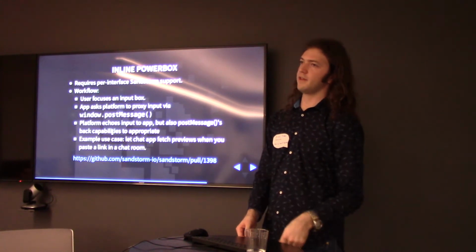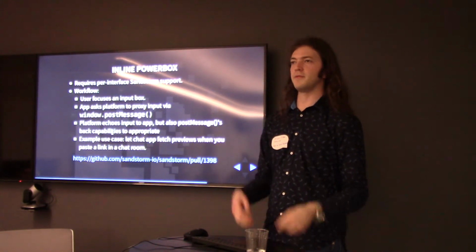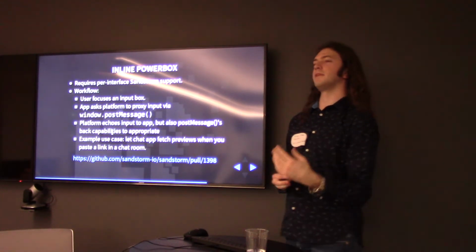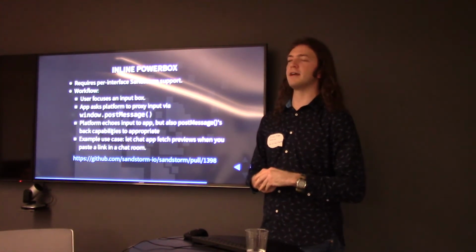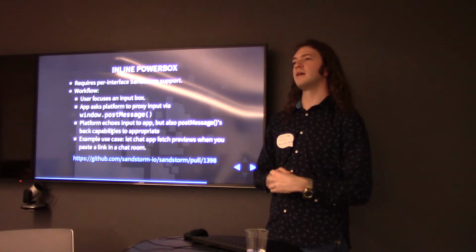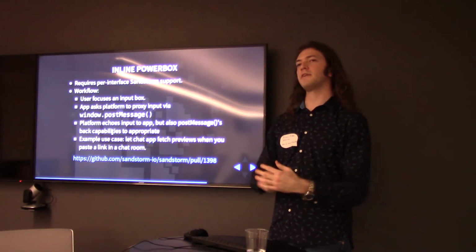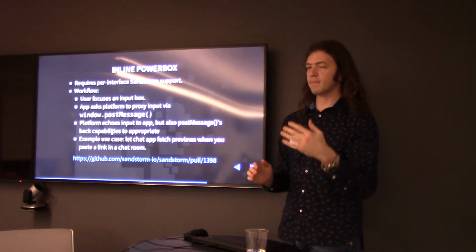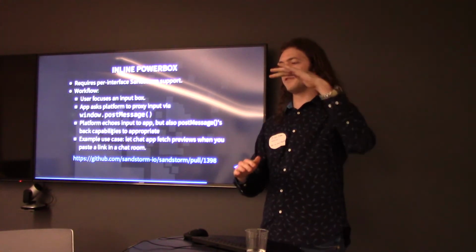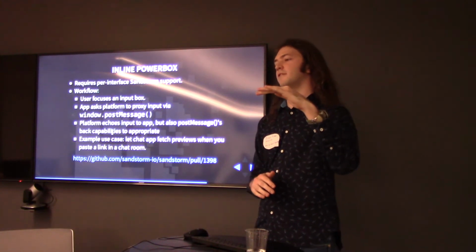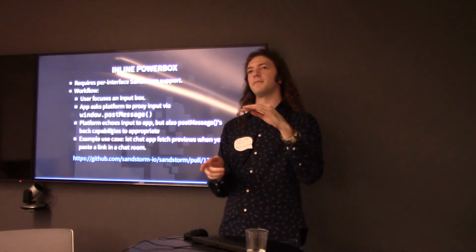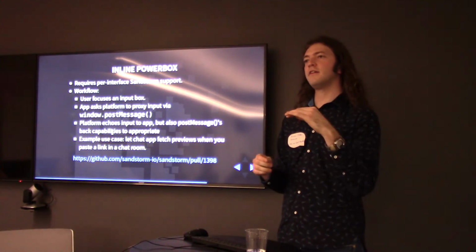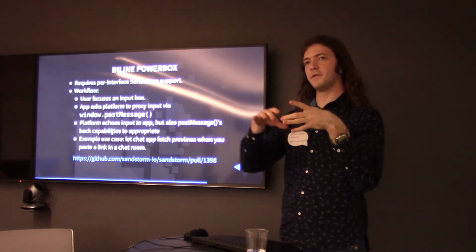So the way this works is you have an input box that you would like to be able to receive additional capabilities, like the ability to email a person, or the ability to make an outgoing connection to a link that the user entered. The app then asks Sandstorm to capture input by sending a JavaScript post message to Sandstorm. And then Sandstorm steals focus.